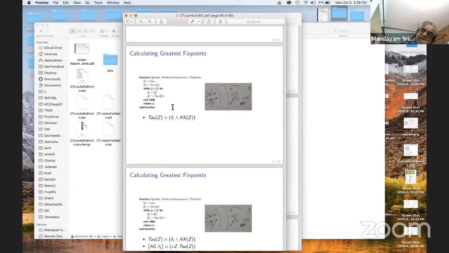That's why the theory is especially interesting when you consider infinite systems.